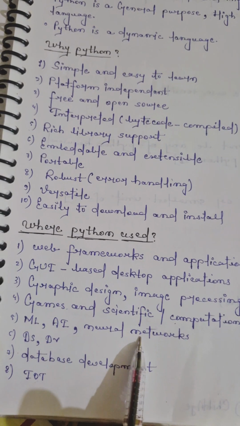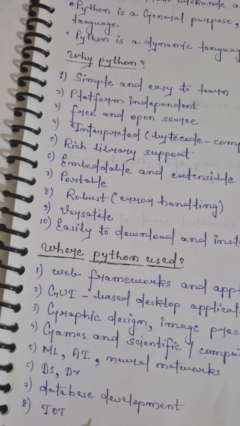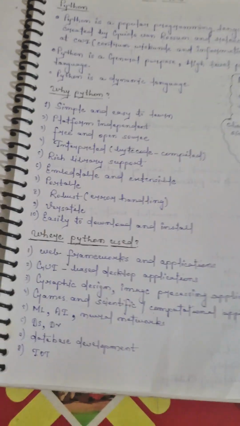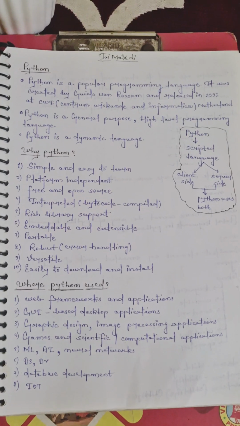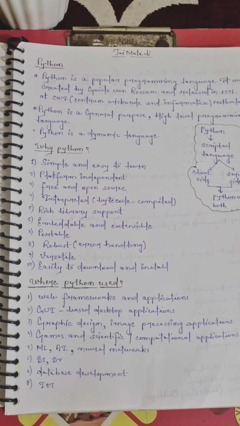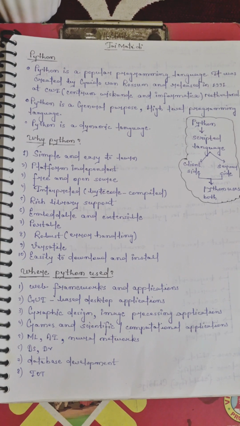These are the core areas where Python is used. So this is the basic introduction. If you want to take a screenshot, you can, or you can pause the video and write all the notes.